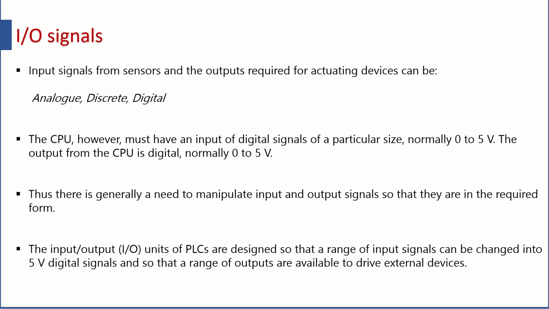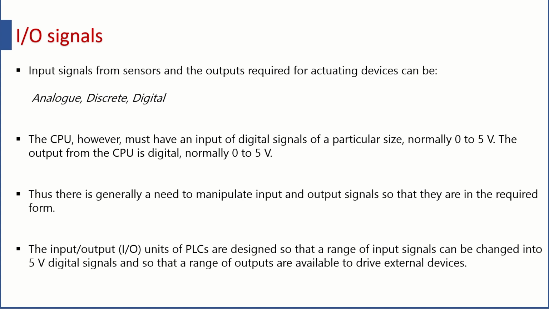The discrete signal remains either on or off. The digital signal produces a train of digital pulses, and analog signal is the signal that is changing with the size of the change in parameter. Okay, now you see, whatever the input signals or output signals have to be generated, the CPU must have input digital signals of particular size, from 0 volt to 5 volt.